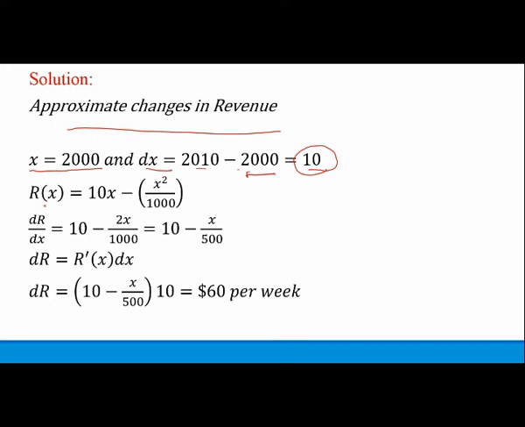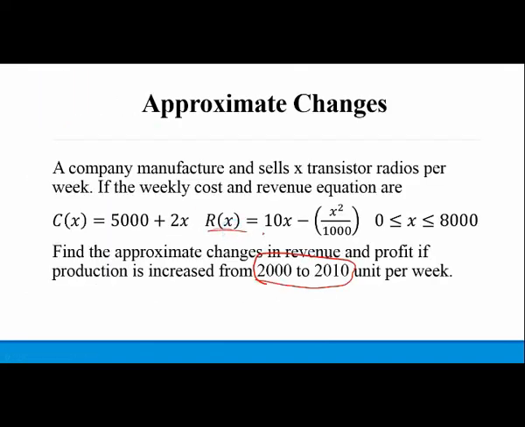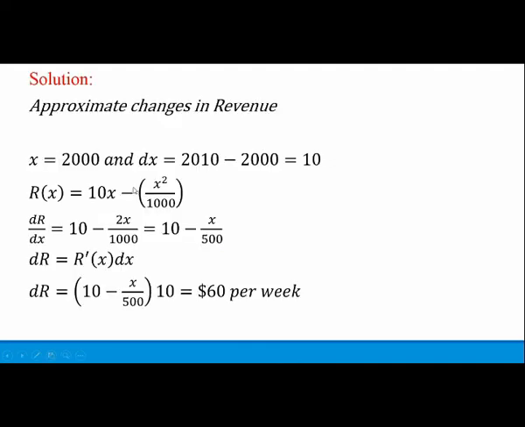And then you get R(x), this is the formula of revenue. Then you differentiate this with respect to x, and you get 10x differentiates to 10, x squared differentiates to 2x divided by 1000, and 2 over 1000 becomes x over 500.